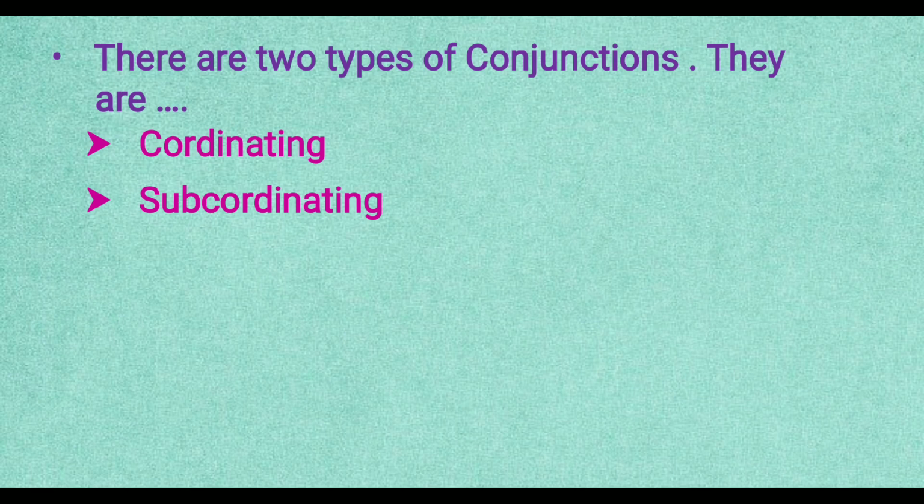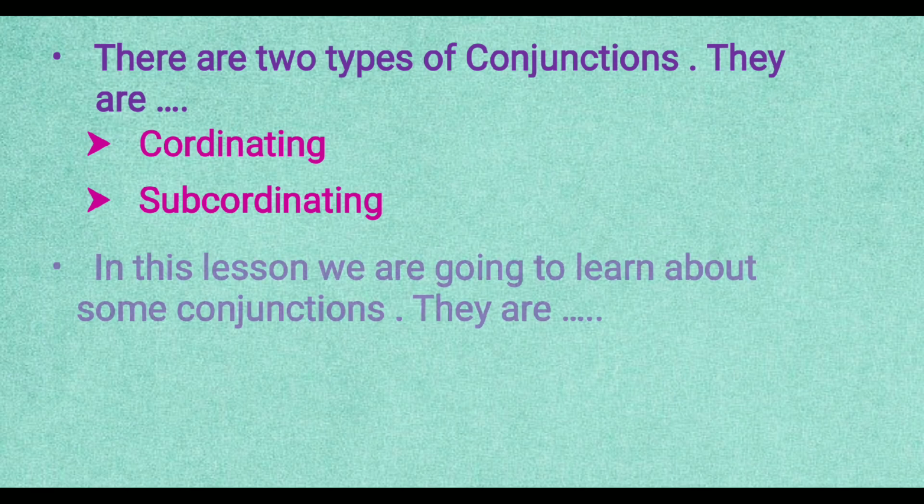We will not learn which are the coordinating conjunctions and which are the subordinating conjunctions, but you have an idea and that knowledge. There are two types of conjunctions. You will study coordinating and subordinating conjunctions in your next standard.